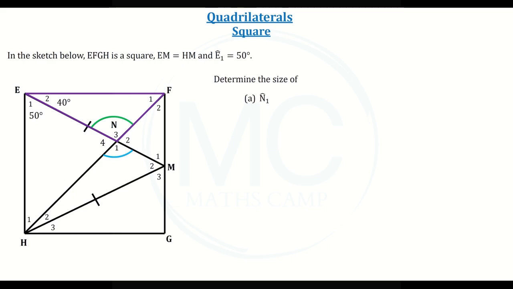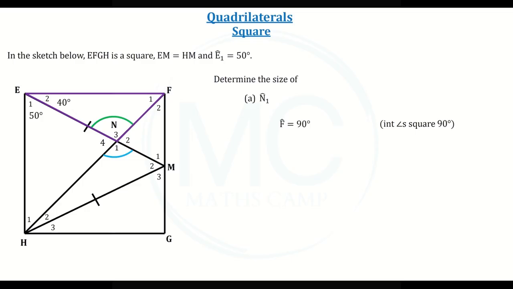Now let's have a look at angle F. The whole of angle F is a 90-degree angle. So let's make a note that angle F is equal to 90 degrees. And again, as our reason, we say because the interior angles of a square are 90 degrees.